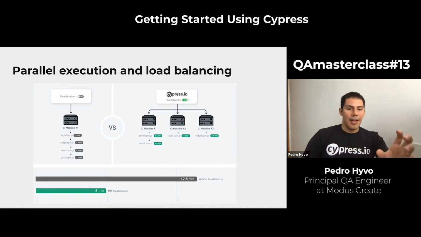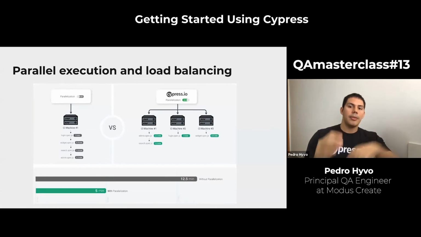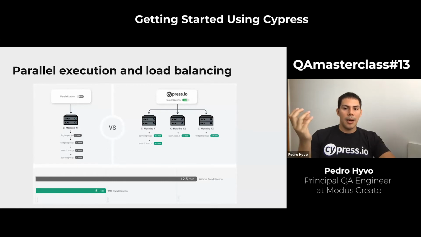So on the left side of the image, you guys can see that the CI machine is running all tests in the sequential mode. And on the right side with Cypress dashboard, it enables the parallelization and you can run your tests faster.